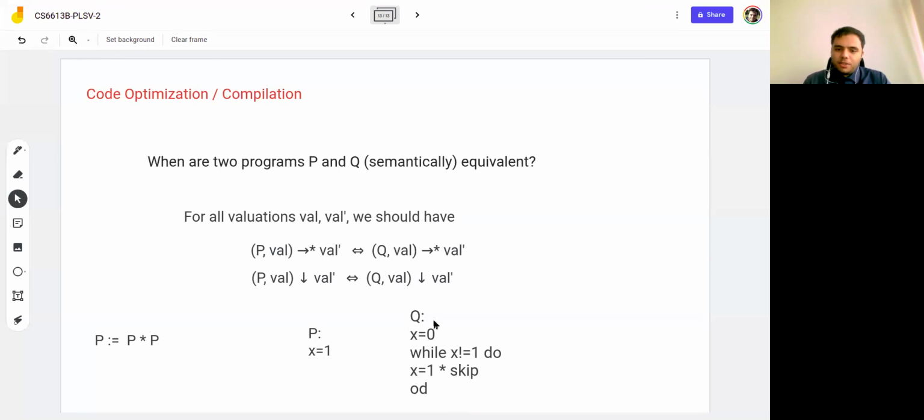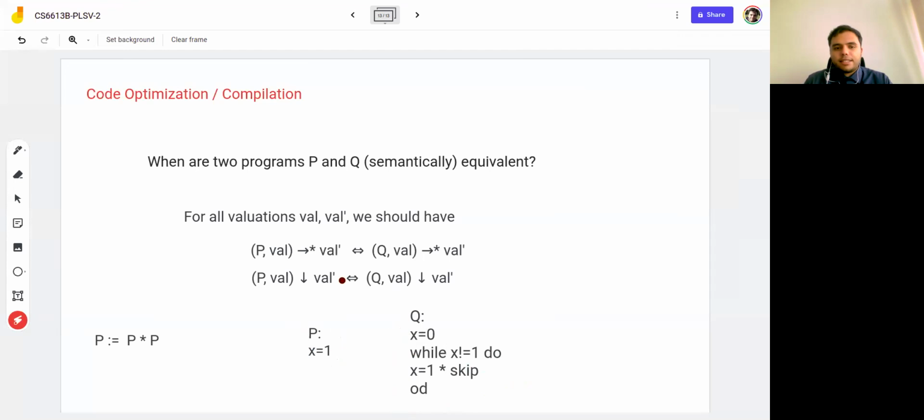And the non-terminating run is that if it starts with setting x to 0 and then goes inside the while loop, and every iteration of the while loop, it just takes the second choice, goes through skip. So it will just loop around itself, right? So their behavior is kind of different in that all runs of P terminate, but Q also has non-terminating runs.